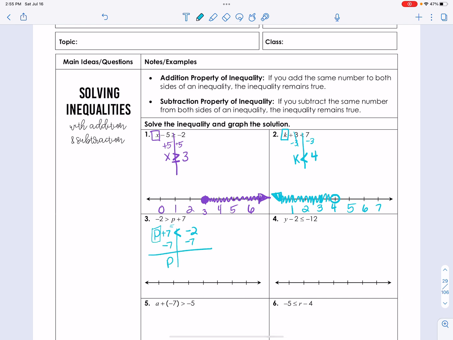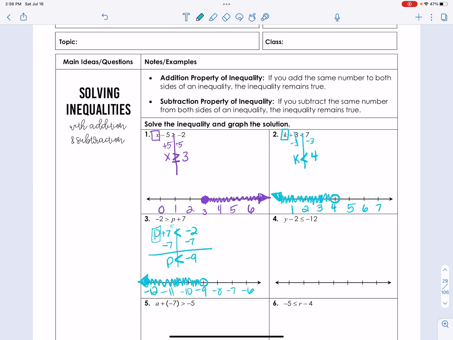So you have 2 negatives and then 7 more negatives. So you got all red chips. 2 and 7 is 9. So it's a negative 9 in the middle, negative 8, negative 7, negative 6, negative 10, negative 11, negative 12, right? And you're going open circle and you're going less than. So that would be these numbers that are getting farther away from 0.